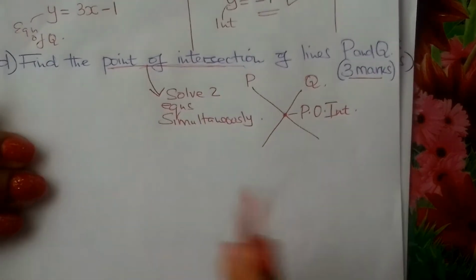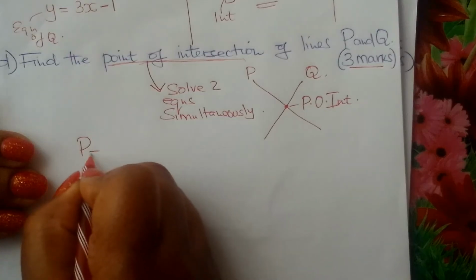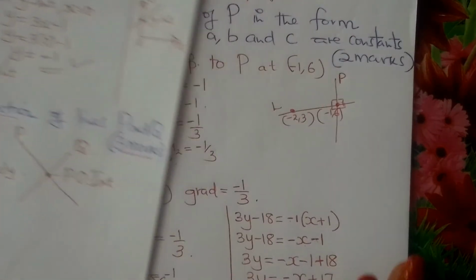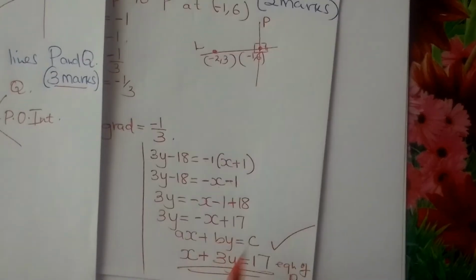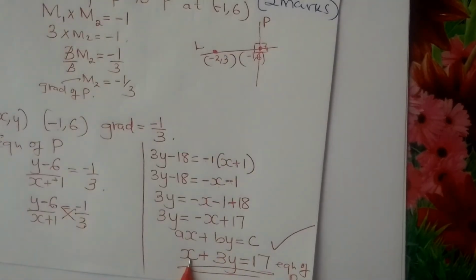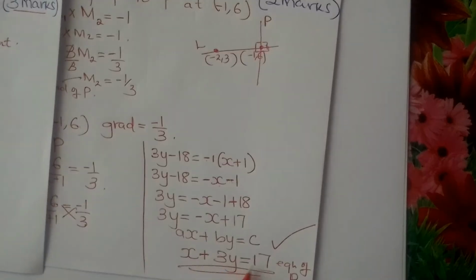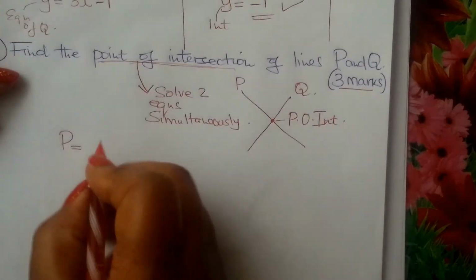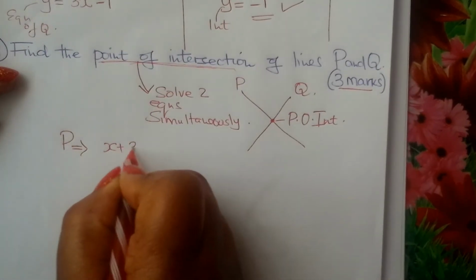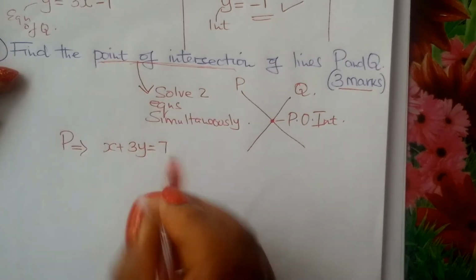So what was the equation of line P? Line P, learner, was this one here in part B: x plus 3y equals 17.